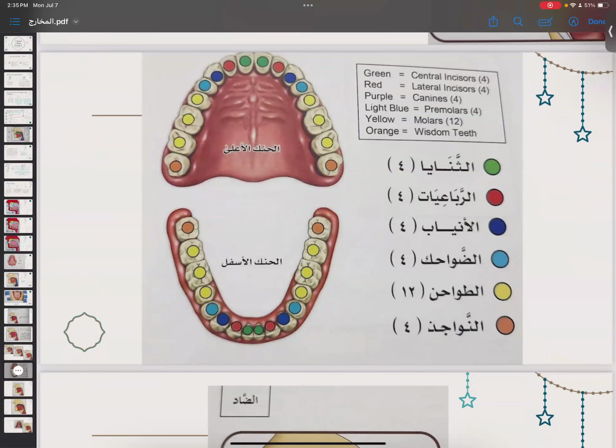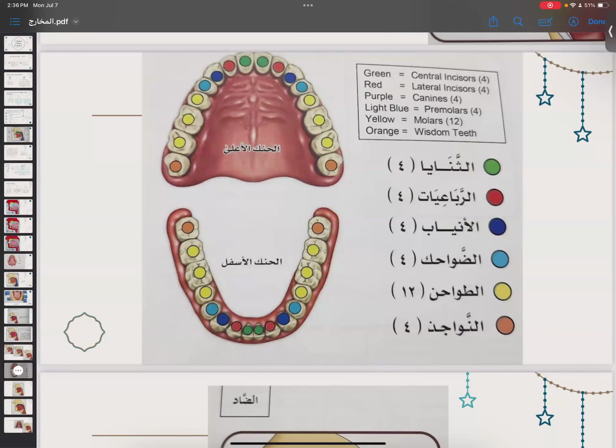So the green are the central incisors, or athanaya, and then the red are the lateral incisors, or araba'iyat. The purple are the canines, or anyab, and then the light blue are the premolars, or al-dawahib, and then the yellow are the molars, or al-tawahin, and the orange are the wisdom teeth, or an-nawahib.